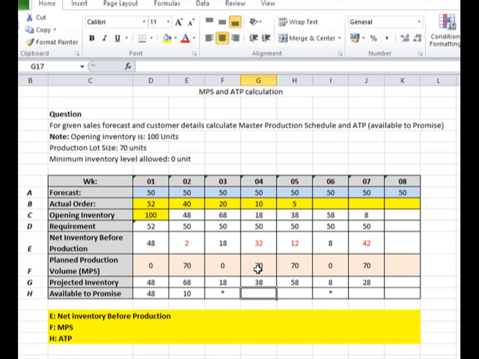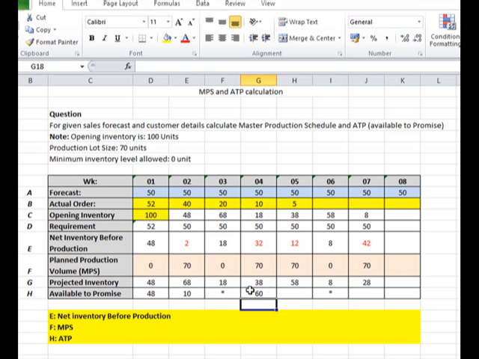In week 4 we have an MPS of 70. So there will again be an ATP, equal to what we produced minus the customer order. But we'll not go for week 5, because in week 5 again we have MPS. So it's 60. What exactly does this 60 signify? This 60 signifies that if the customer has ordered 10 quantity, we can still provide him 60.